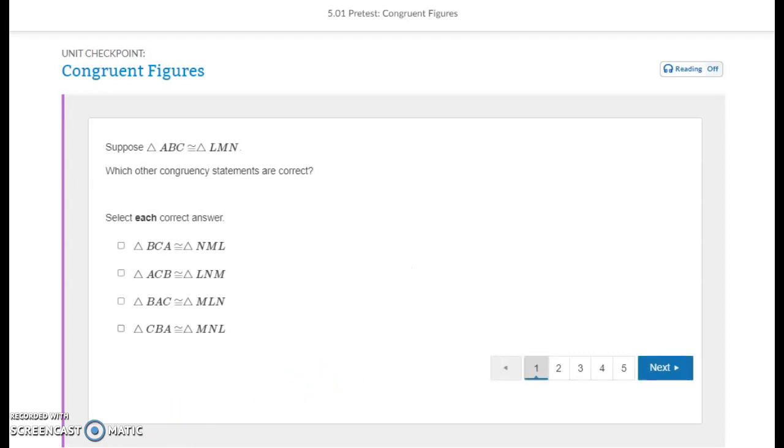We'll start with the first one. It says, suppose triangle ABC is congruent to LMN, which other congruency statements are correct? I'd encourage you on your scratch paper to draw this out if you are a more visual person and have a hard time keeping letters straight. The order is really important.